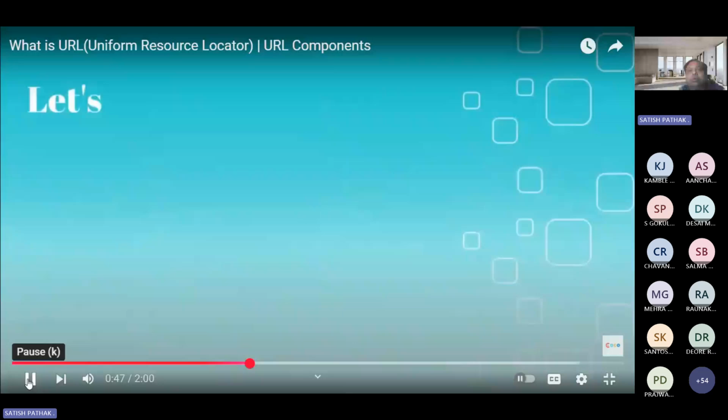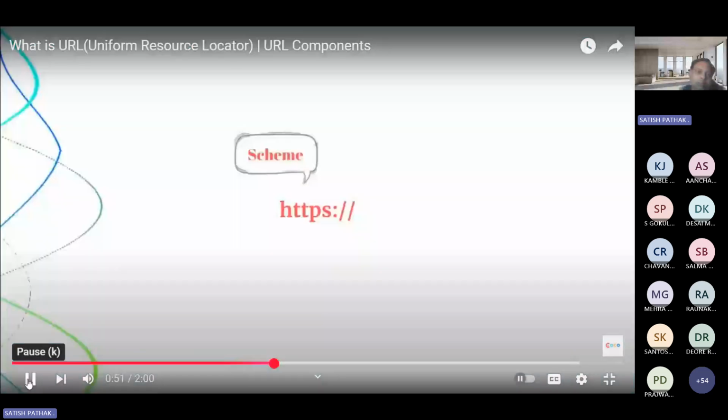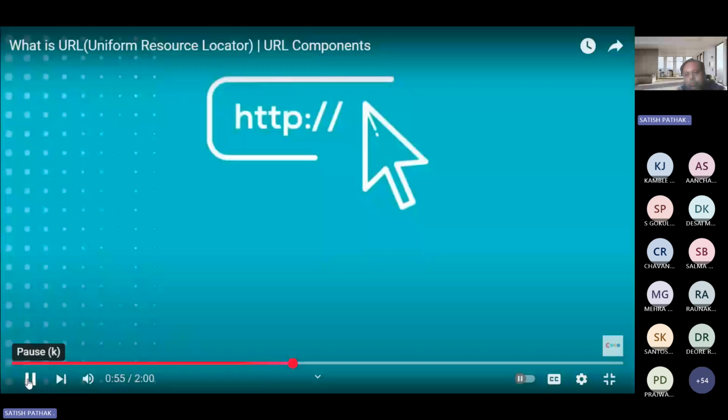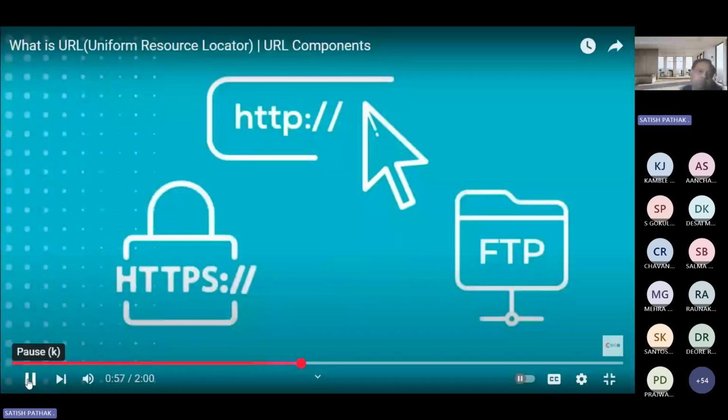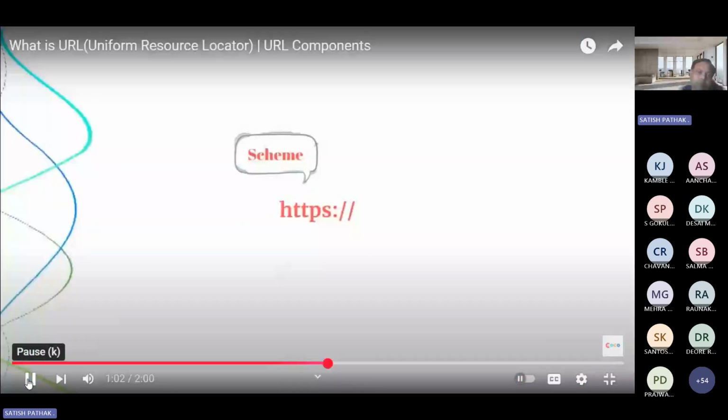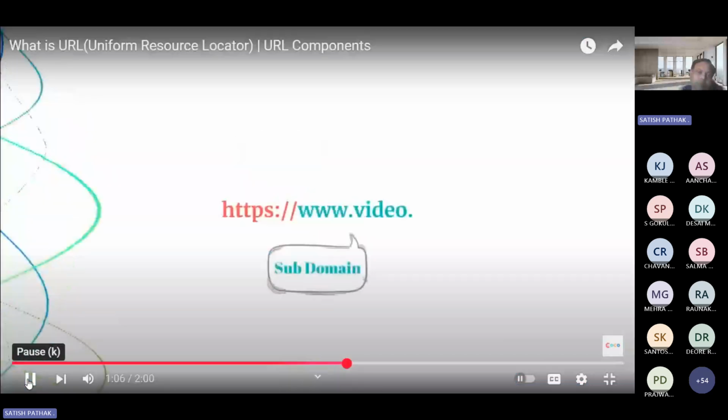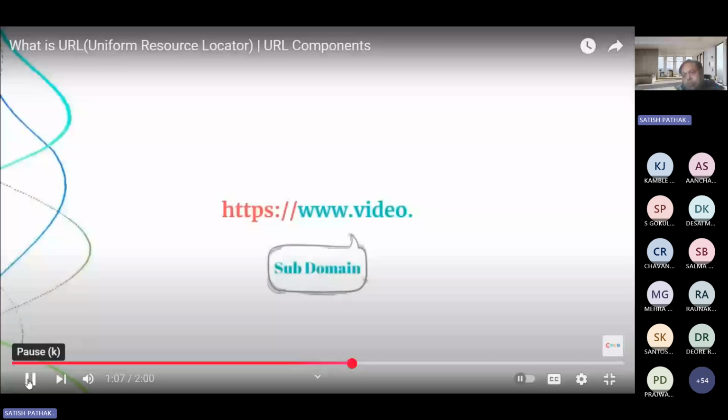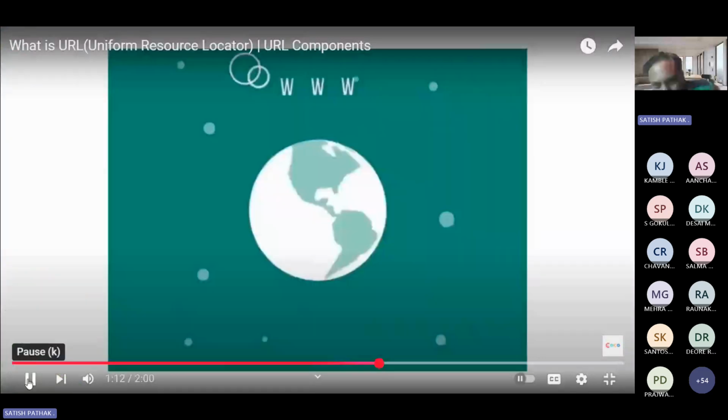The scheme or protocol is what accesses the resource on the internet. Some protocol examples are HTTP, HTTPS, FTP, etc. HTTPS is the most commonly used scheme as it encrypts the data that you enter on the page. Subdomains are used to distinguish one section of a website from the main site. The most common subdomain is www, which stands for World Wide Web.